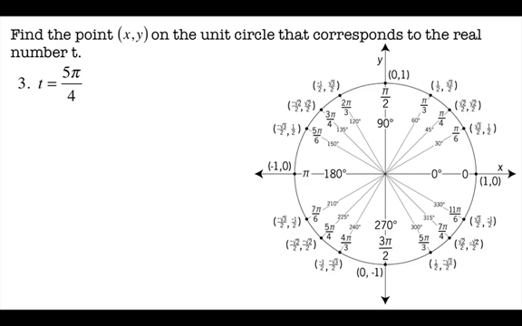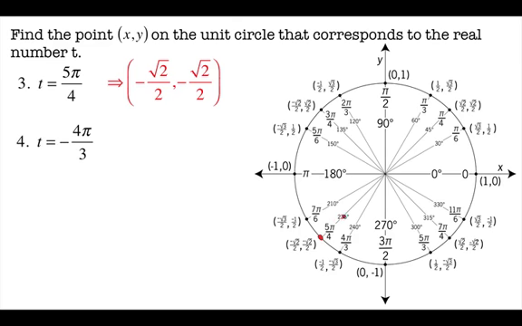So the point that corresponds to 5 pi over 4, go around the unit circle all the way to 5 pi over 4, so we're here. So the point xy that corresponds to this angle is negative radical 2 over 2, comma, negative radical 2 over 2.